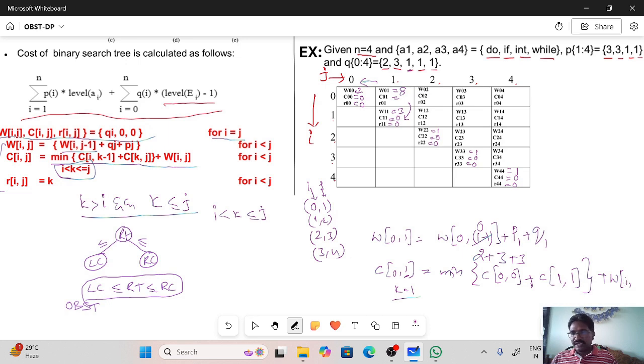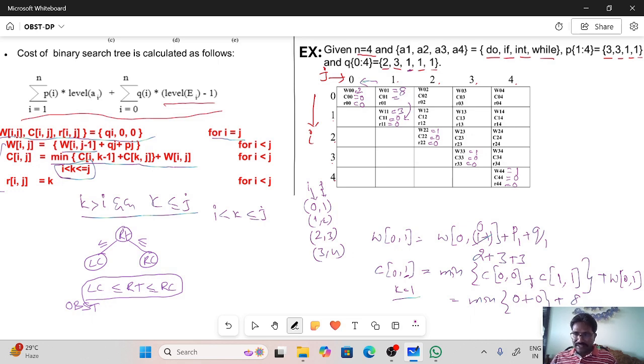So that is nothing but the minimum of, what is the C00 value? 0 plus what is the C11 value? 0 plus weight of 01. What is the weight of 01? 8. So 0 plus 0, 0.